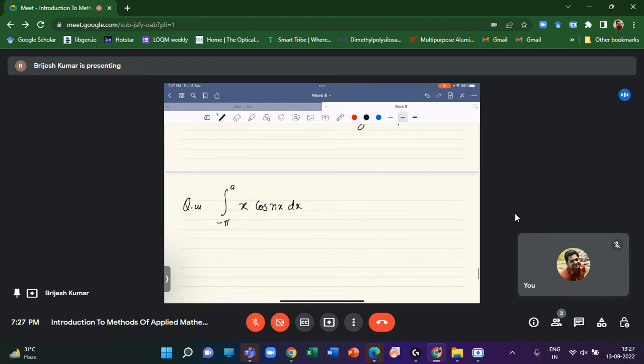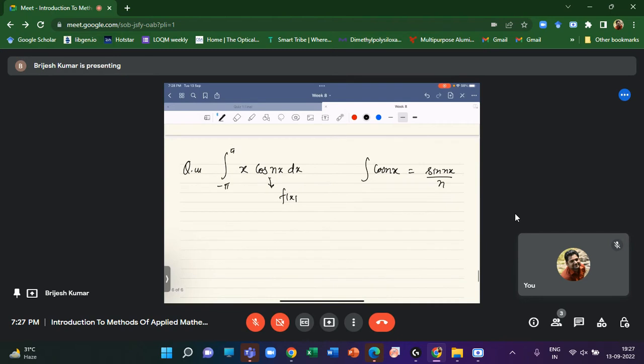Like if we see this is our f of x, then the integration of cos nx will be sin nx upon n. This will be our f1 of x, this is our f of x, and then we integrate this one.